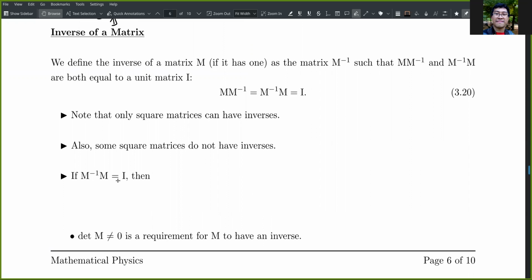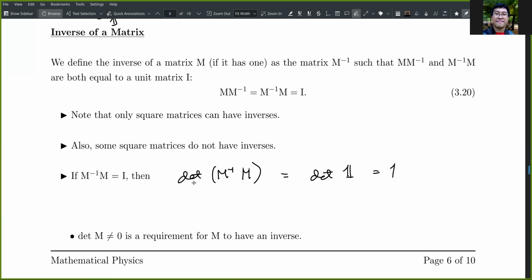If this is true, then if you take the determinant of M minus 1 times M, that should be equal to the determinant of the unit matrix, which is 1. For example, for a three-dimensional unit matrix, we have 1 times 1 times 1, so that would be 1.